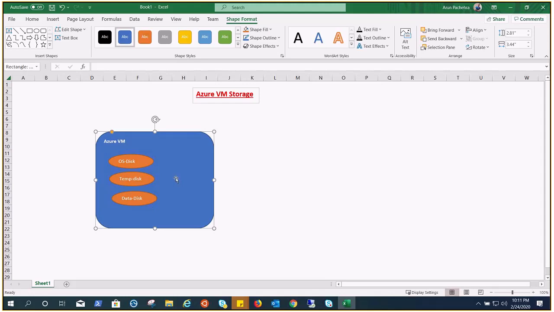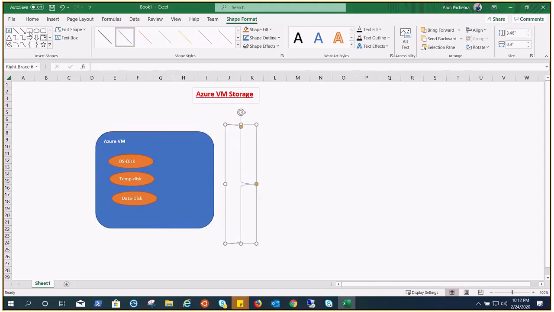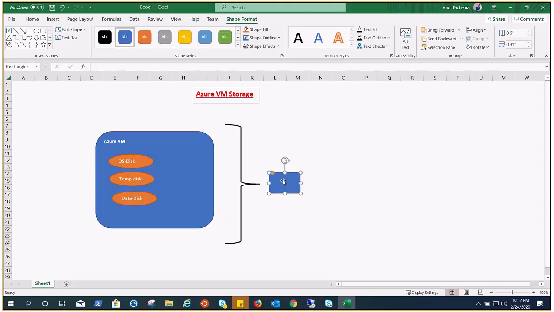These disks are stored as VHDs, and VHDs are stored as page blobs, if you remember.